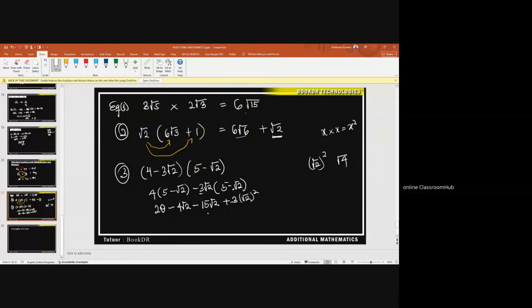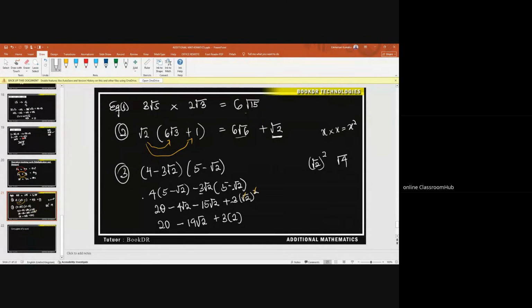Then we can simplify this further, because we have like surds. So we have 20. The like surds here, minus 4 root 2 minus 15 root 2, will give us negative 19 root 2. Then this side, the square root will cancel the square, so we'll be left with 3 multiplying 2.